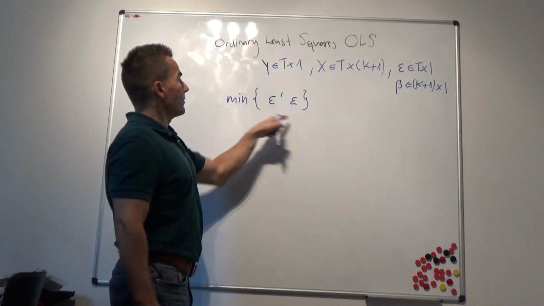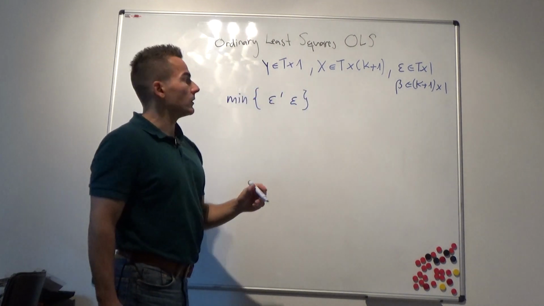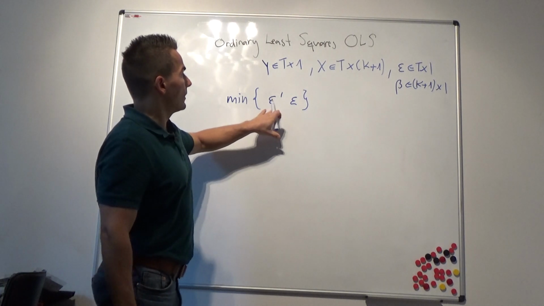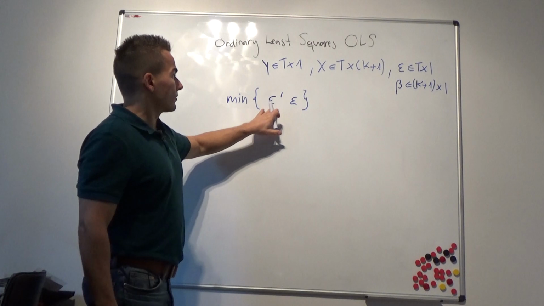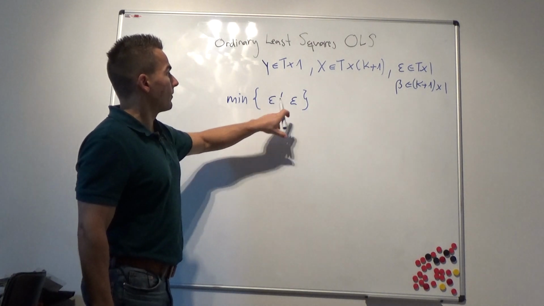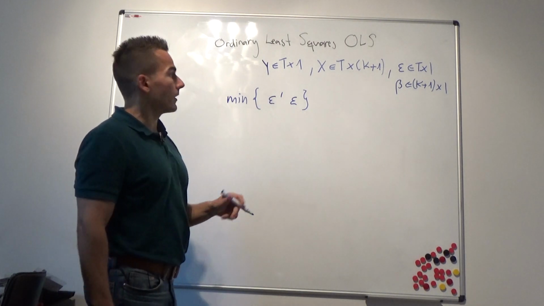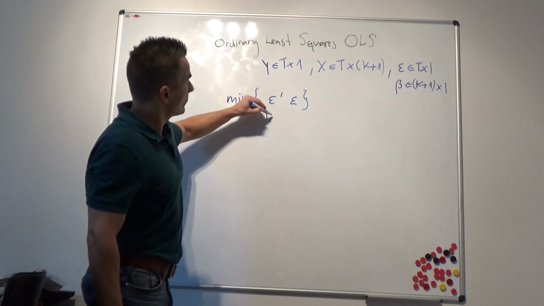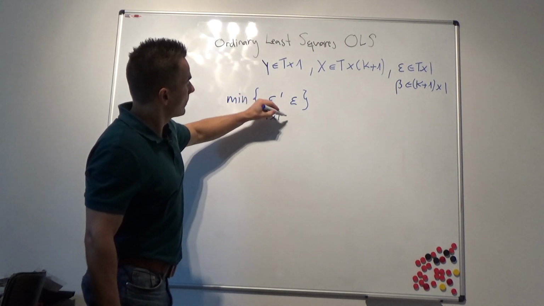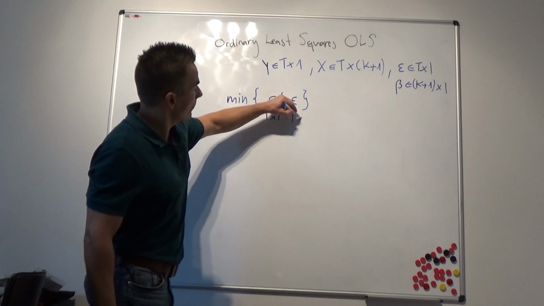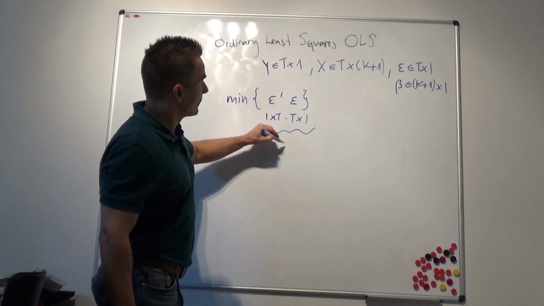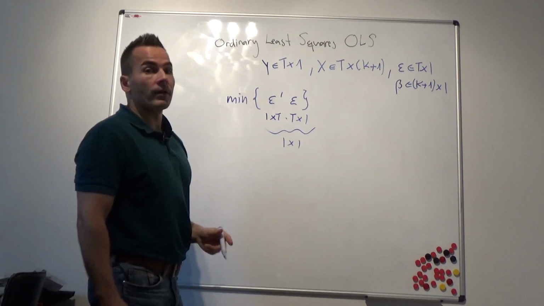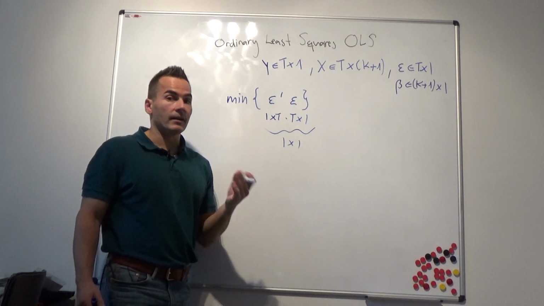We minimize the sum of squared residuals, which is the scalar product of our residual vector, epsilon prime times epsilon. So epsilon prime is 1 by T times something that is T by 1. So of course what comes out here is a scalar. 1 by 1 is a number. It's a scalar.